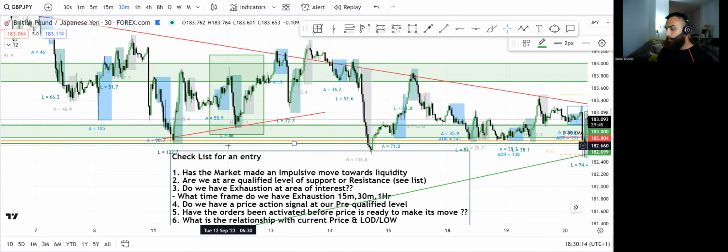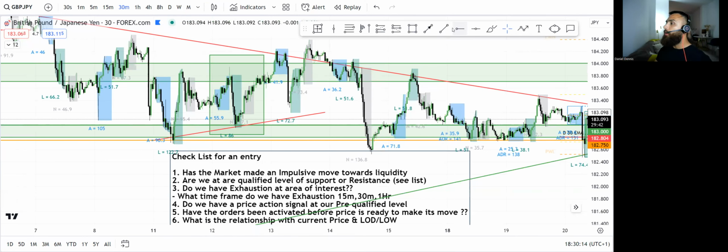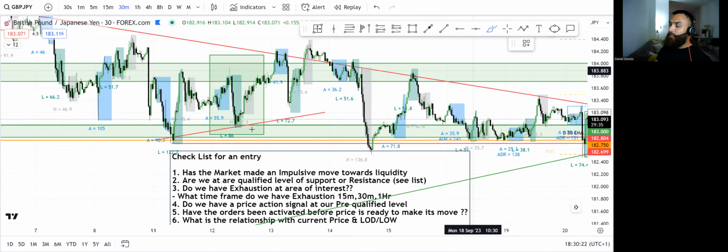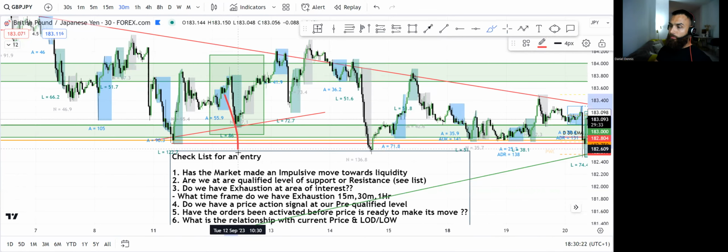Okay, so that is the previous day's low. If price breaks the previous day's low and retests and goes down, then we're going down.